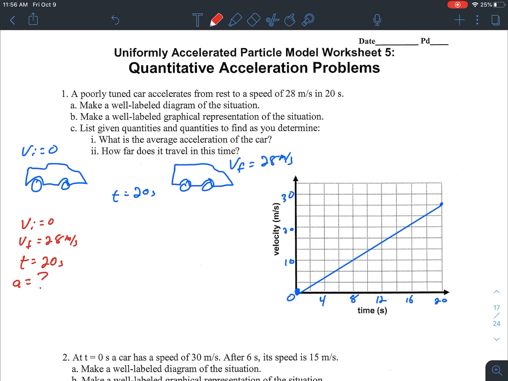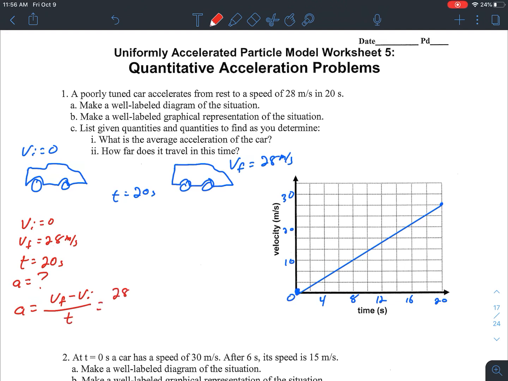So what we need to do is find one of our 3 kinematic equations that will allow us to do this. I'm going to go with the traditional definition of acceleration. That way I don't need to move anything around.